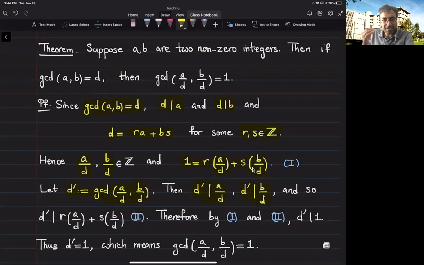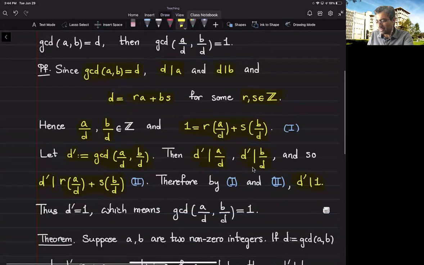Because D prime is a common divisor of A over D and B over D, it is a divisor of the integer linear combination R times A over D plus S times B over D. But this integer linear combination is 1. So D prime should divide 1. D prime is also positive because it's GCD. It's a positive integer that divides 1. It is 1. That implies that GCD of A over D and B over D is 1.